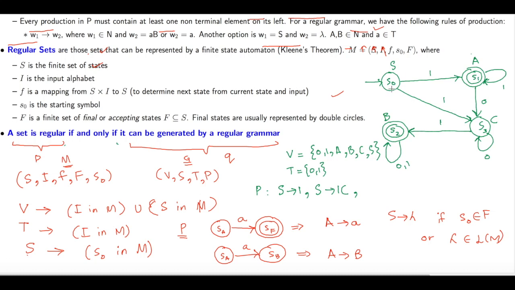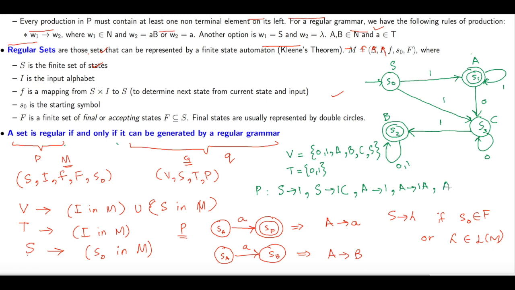Then this is taken care of. Now A. A at an input of 1 goes to a terminal state, but A at an input of 1 also goes to itself, so we have to take care of those two things. This is kind of a closure situation. And A at an input of 0 goes to C.